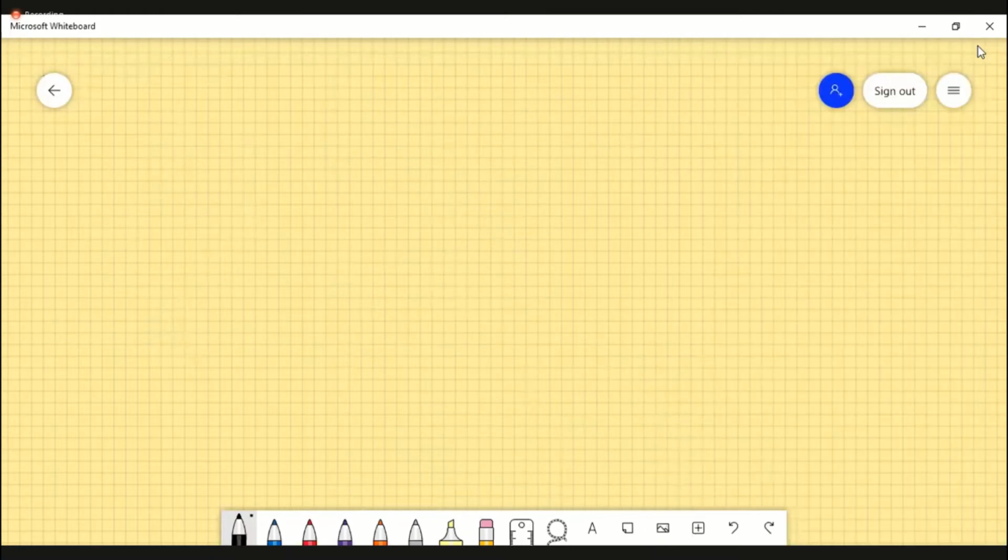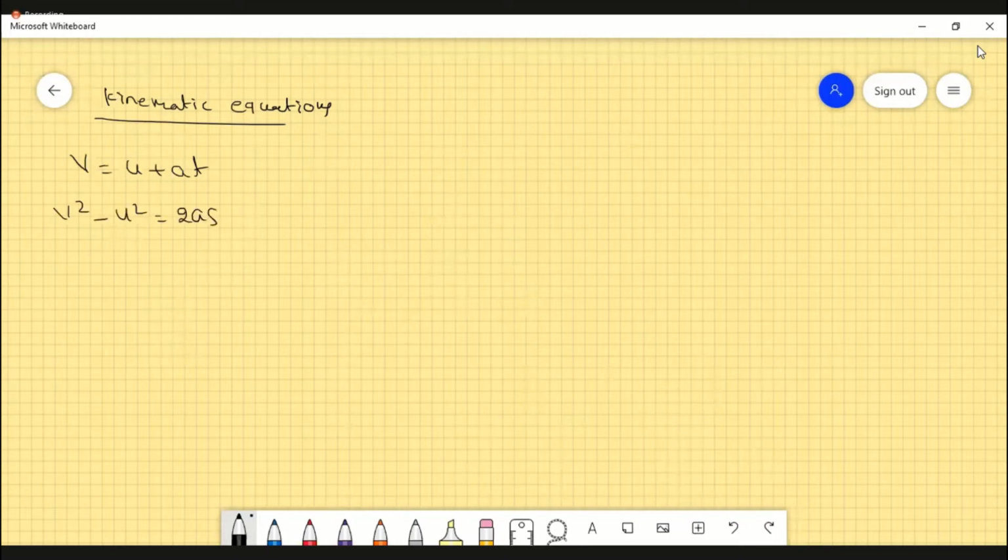So kinematic equations we know in linear motion. Tell me those equations once. v equals u plus at. v square equals u square plus 2as. s equals ut plus half at square.